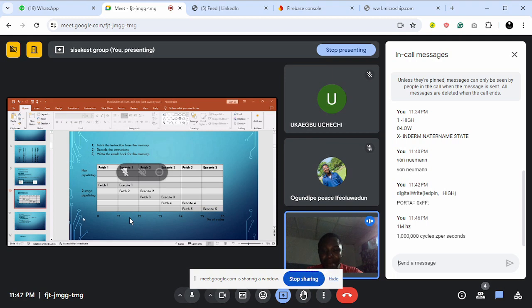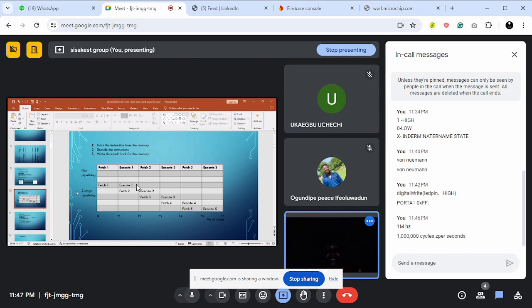Now, if I'm running pipelining, in the very first stage I fetch the first instruction. Then in the second stage, I execute instruction 1 while fetching the next, both simultaneously. Can you see where architecture is giving me an advantage?